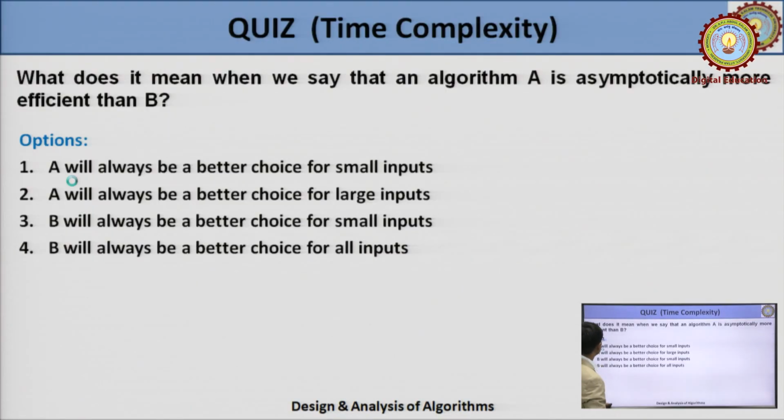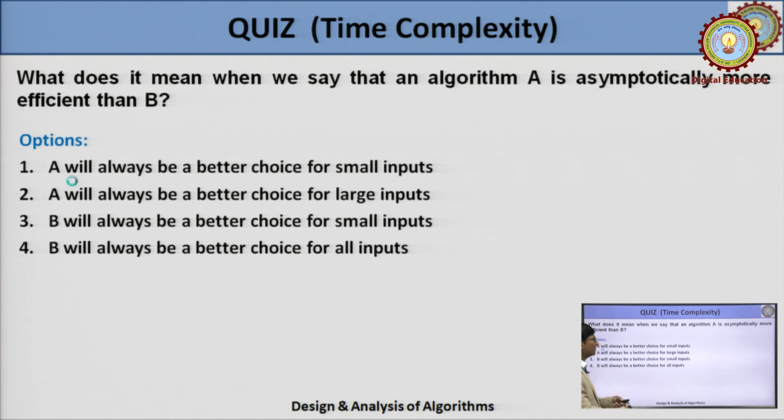Another example. What does it mean when we say that algorithm A is asymptotically more efficient than algorithm B? It means that A always has a lower rate of growth as compared to algorithm B. Whenever we say that an algorithm is better than another algorithm, that better algorithm will always have a slower rate of growth.